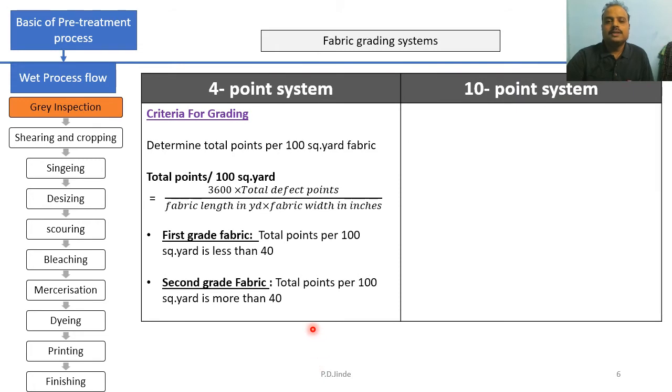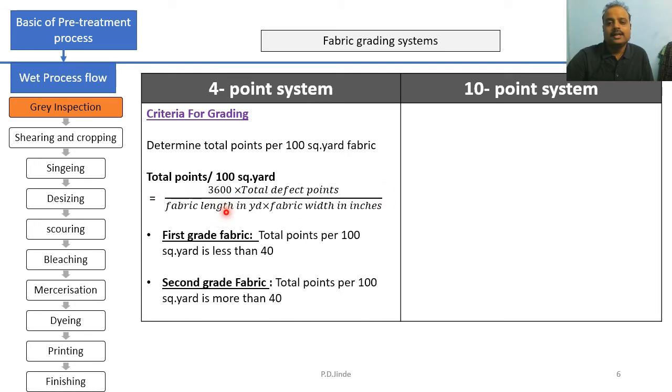Once we understand the defect size and their respective penalty points, now we can understand what is the criteria of grading in 4-point system. Let's say determine the total points per 100 square yard fabric, and you can have this formula, right?